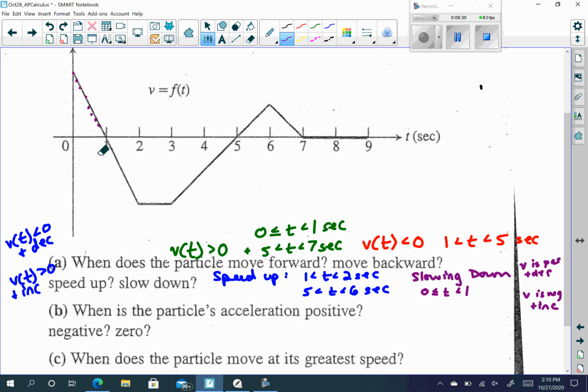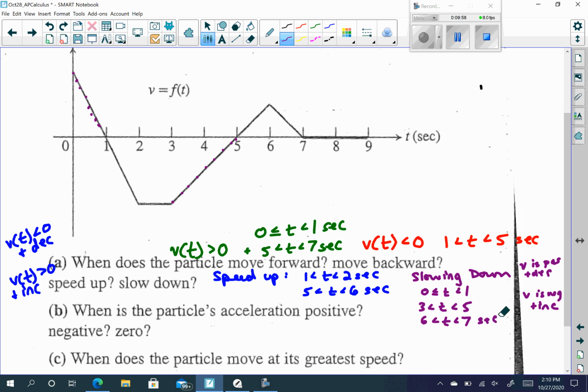And then we also have between 3 to 5, we're negative and increasing. So we have this part right here. From 5 to 6, that was in the speeding up part, but then also from 6 to 7, that matches the same scenario from 0 to 1. So we also have from 6 to 7.